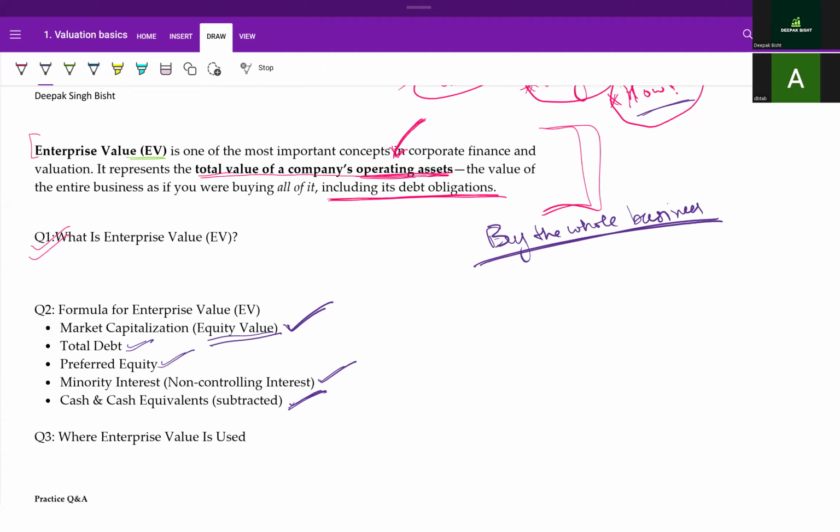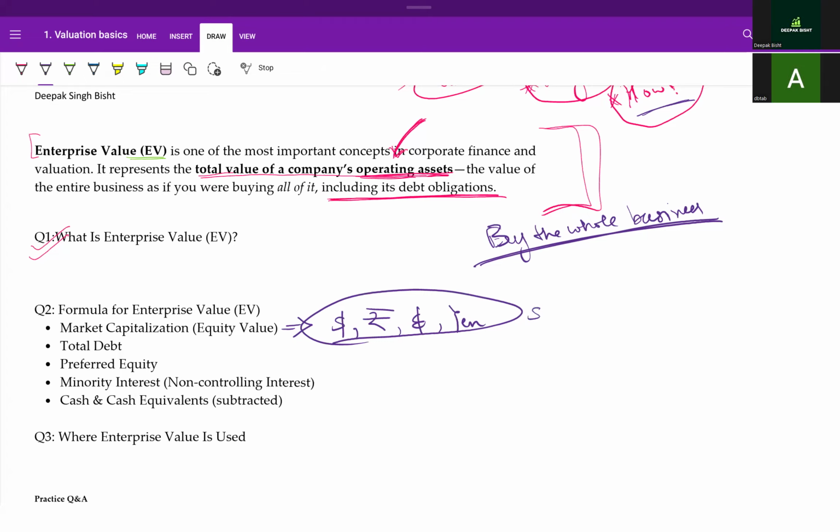So let's discuss what equity value is. Equity value is nothing but the current market value of the share, whether it's in dollars, rupees, euro, yen, whatsoever, wherever the company is being traded. The currency amount of the stock today, the share price, I will multiply with the total number of fully diluted shares.